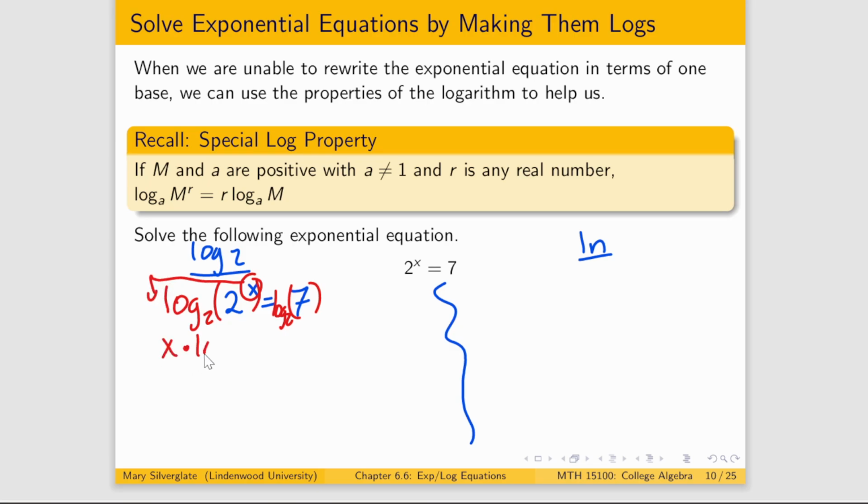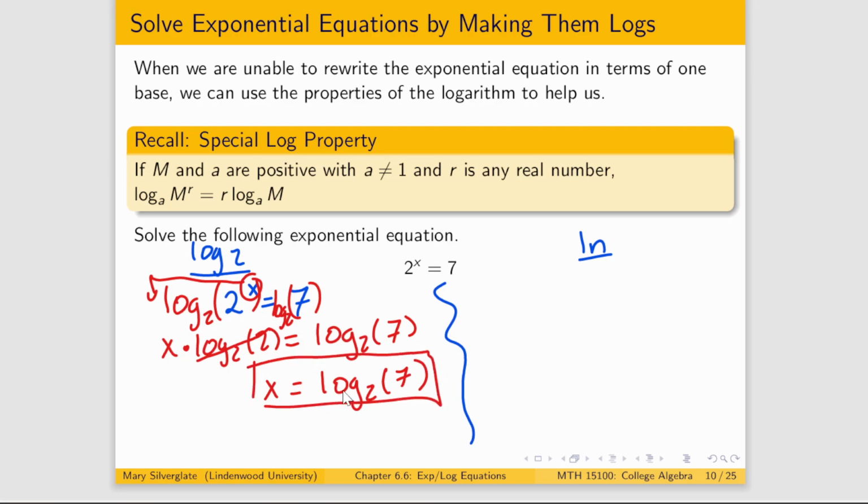I'm left with x times log base 2 of 2 is equal to log base 2 of 7. And what is log base 2 of 2? That's just 1. So I have that x is equal to log base 2 of 7. And that's technically a correct answer. If you're not asked for a decimal approximation, this is a number. It's the number that is whatever power 2 has to be raised to give me 7.